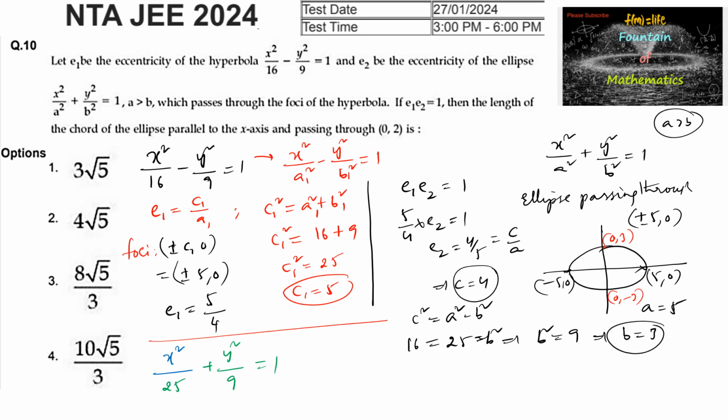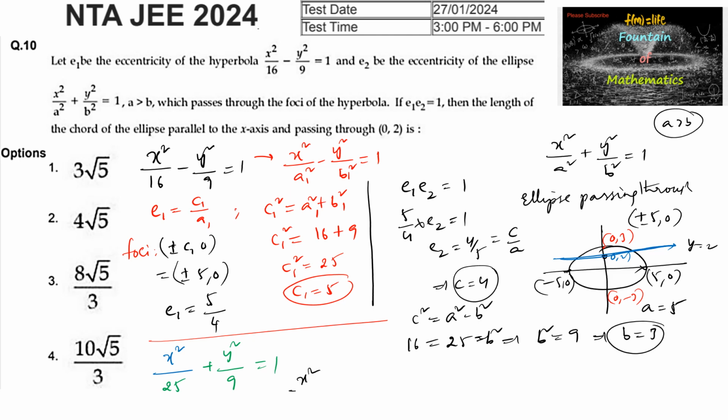And the length of the chord which is drawn parallel to the x-axis and passing through the point (0, 2). So passing through the point (0, 2), we can draw a line parallel to the x-axis, which cuts the ellipse at the points. So let us substitute y is equal to 2 here.